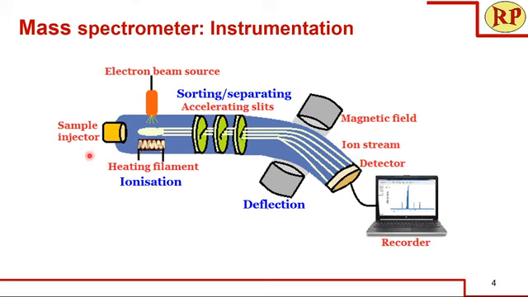Here we have three steps, that is ionization, where the sample is first injected through a sample injector. Here the sample can be vaporized externally and injected, or if it is a non-volatile liquid or a solid, it can be injected directly and vaporized inside the ionization chamber.